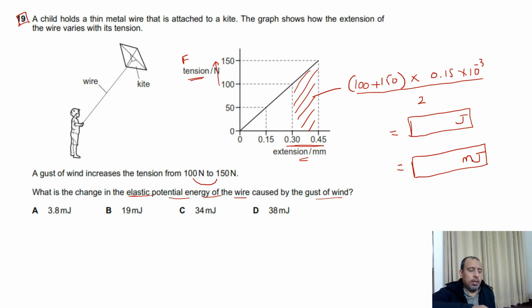Let me calculate this. It is 18.7, which means 19. This is the correct answer. Yes, it is right.